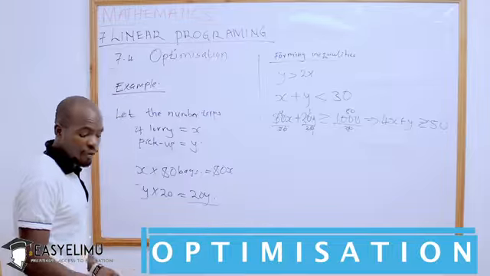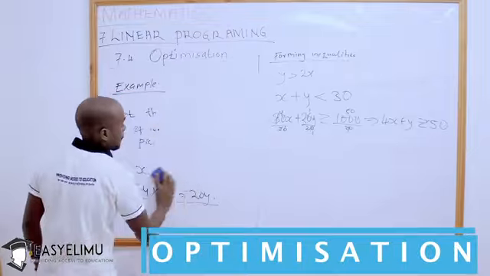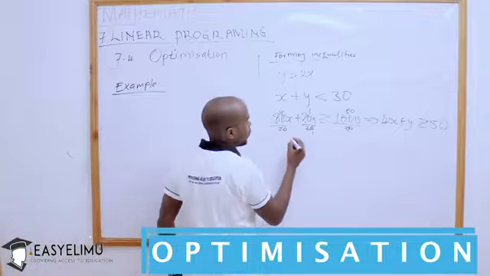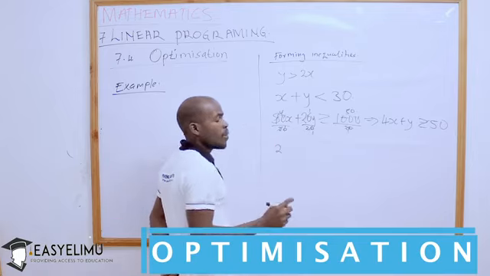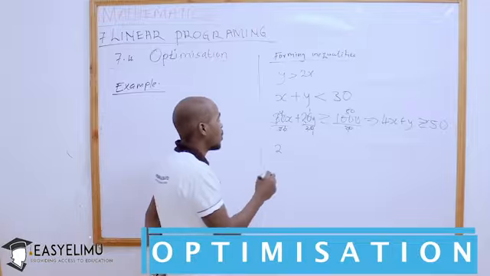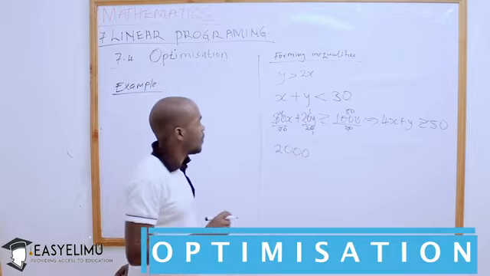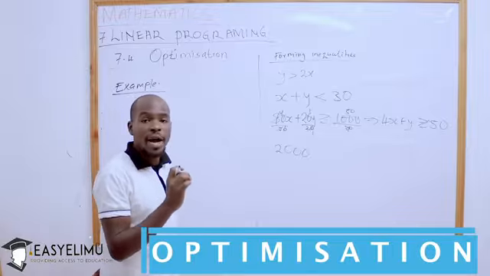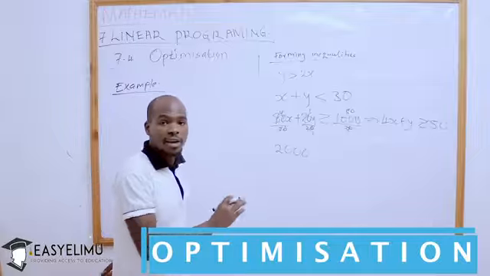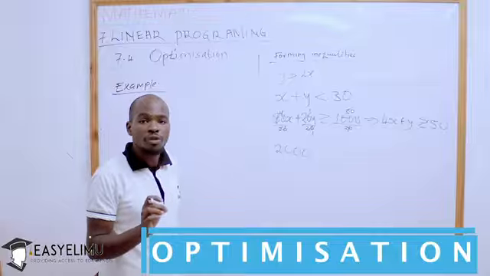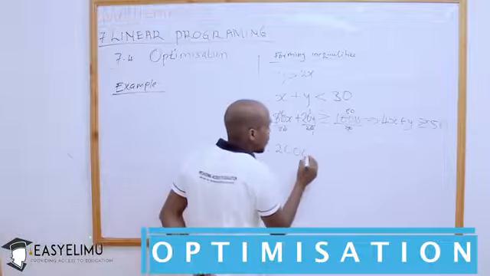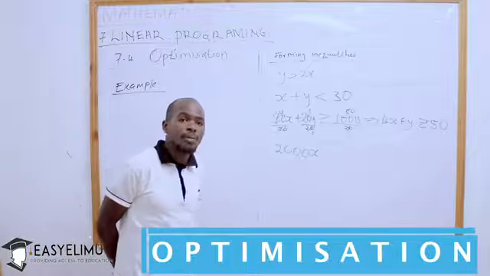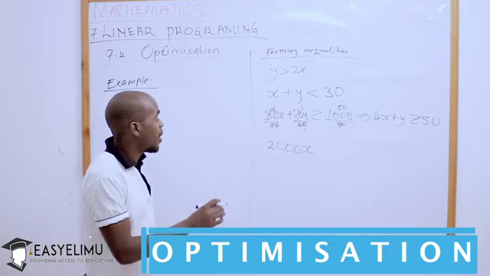So if we form the inequality for the expenditure, one trip of a lorry is 2,000, so the total expenditure for the lorry will be 2,000 per trip multiplied by the total number of trips the lorry makes, which is x. You get 2,000x.